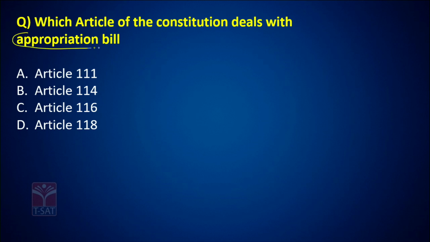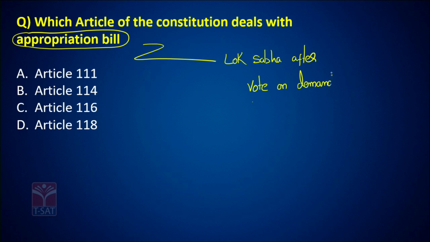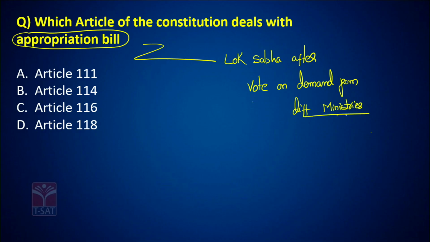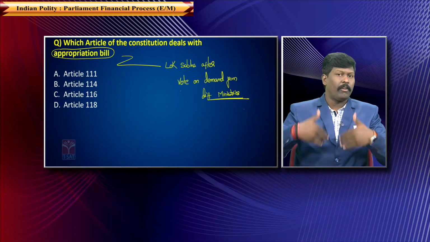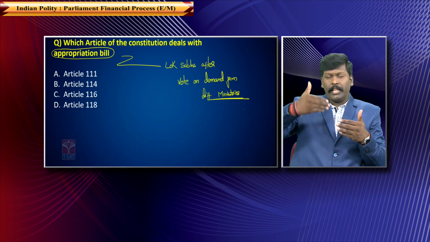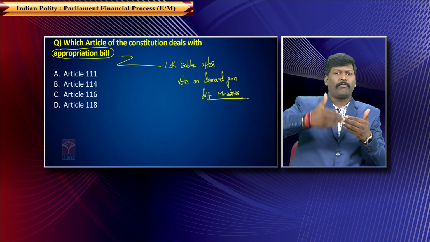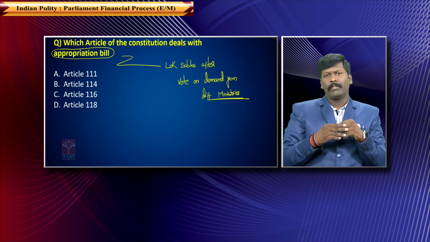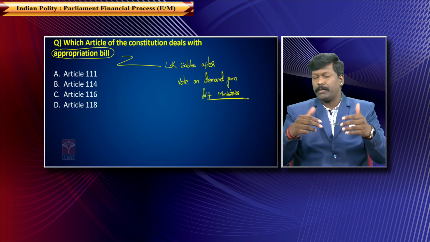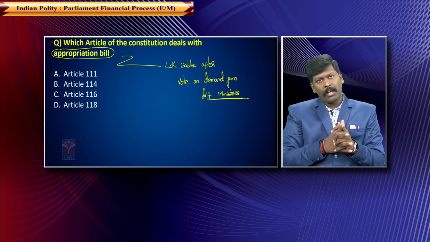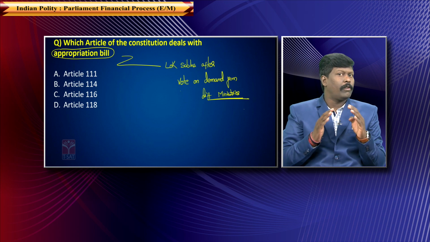See, an appropriation bill is something which is passed in Lok Sabha after vote on demands from different ministries. After each ministry demand is put forward to voting and it is passed, the Lok Sabha passes an appropriation bill.